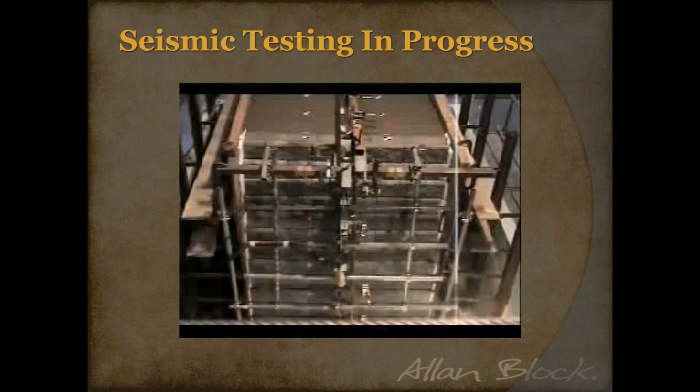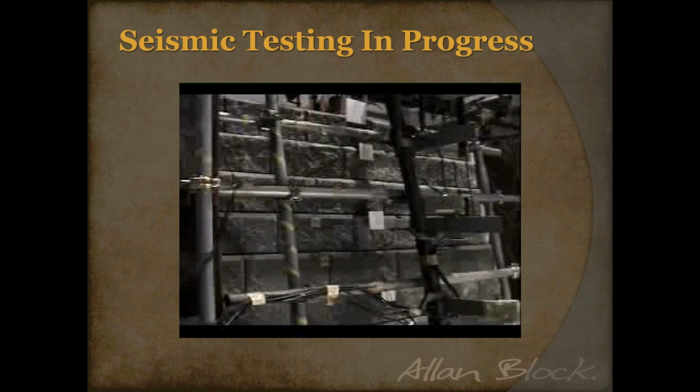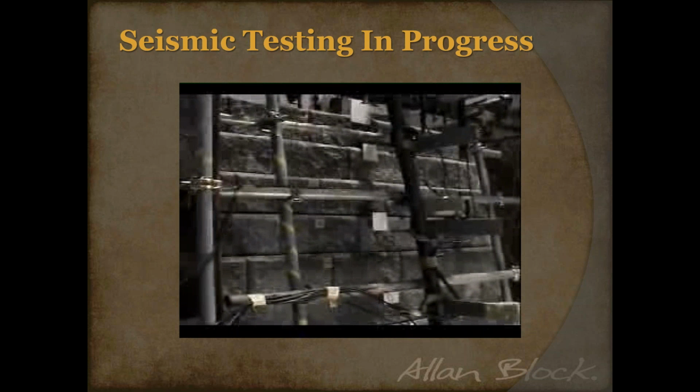So quite a bit more movement we can see here. And just after this, I'll show you what happened with the rupture at the top of the wall, and then we'll cut this one short and keep moving along just for time's sake.